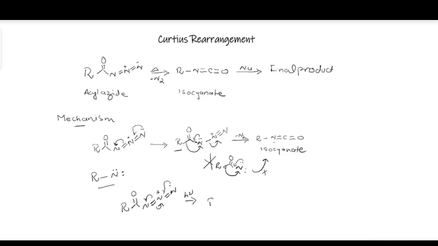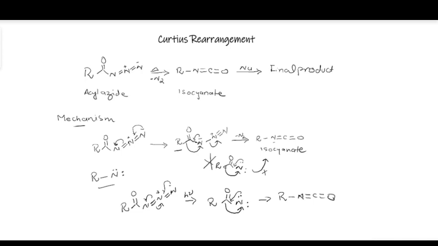this azide first converts into a nitrene intermediate, and in the second step this R group migrates towards the nitrogen in the same fashion as shown above, and we get this isocyanate intermediate.